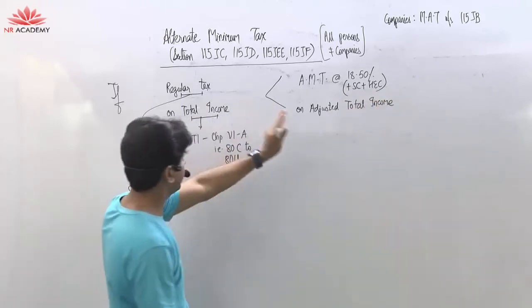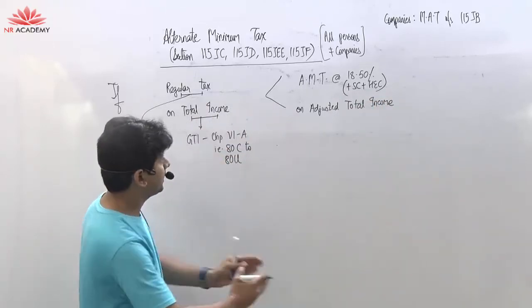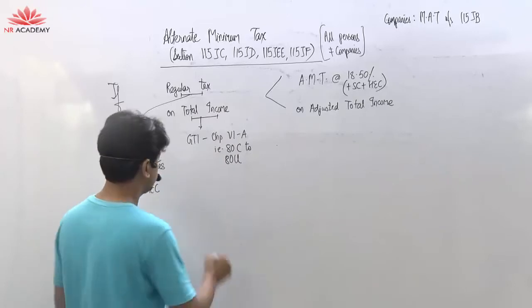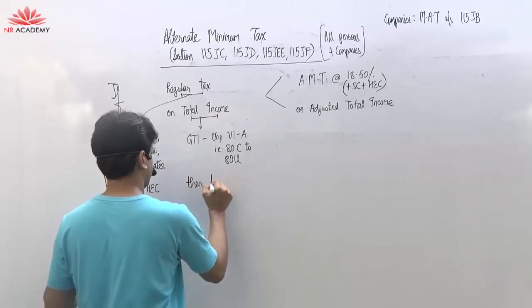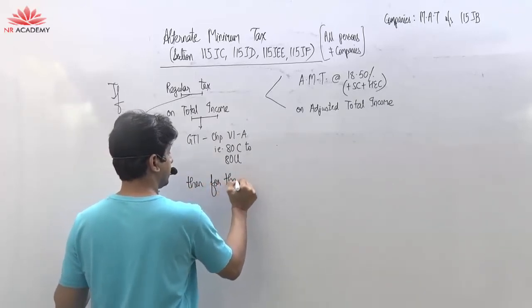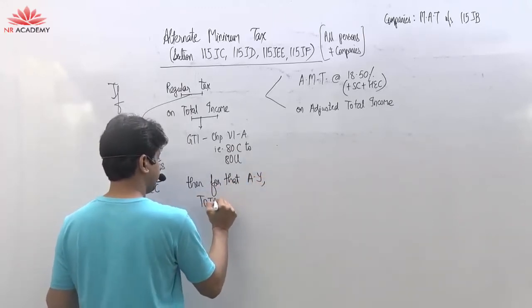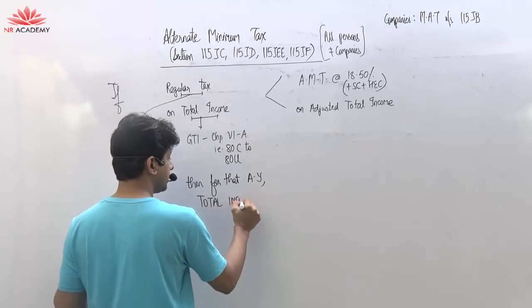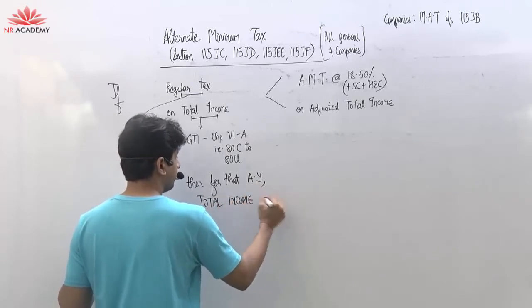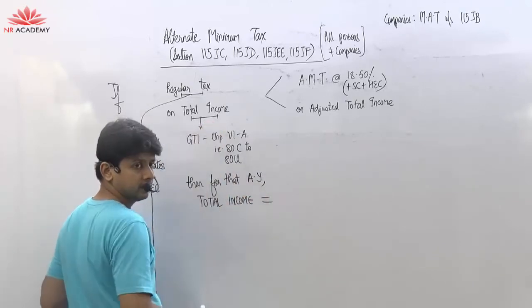Now, if this happens, if your regular tax is less than the AMT, then for that particular assessment year, the meaning of the term total income will not be the total income calculated as per regular provisions.